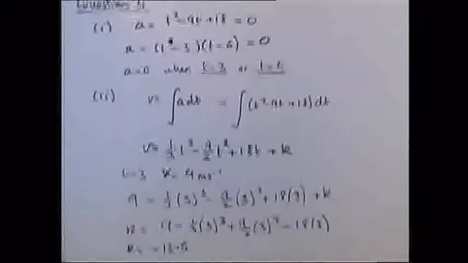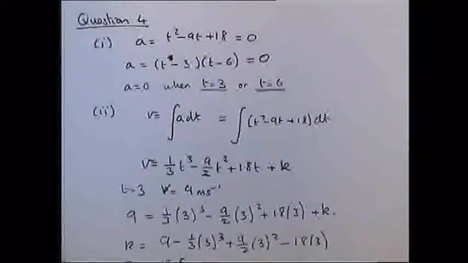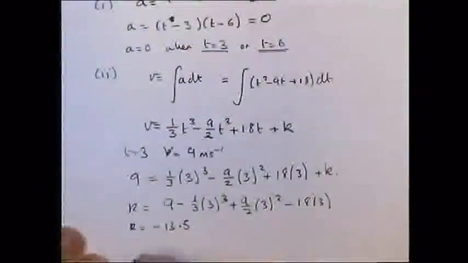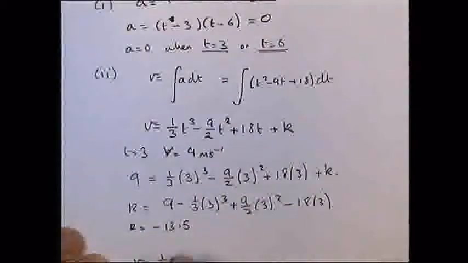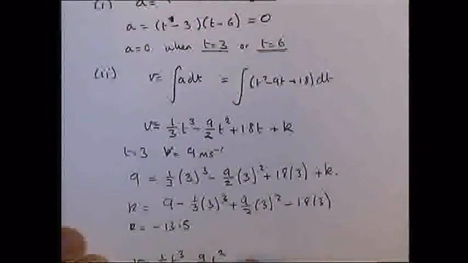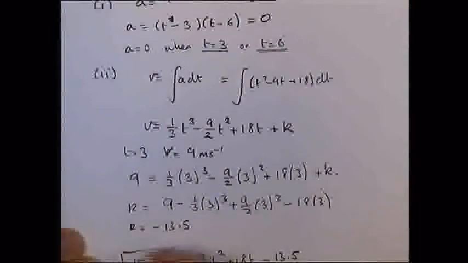And I get k is equal to negative 13.5. Hopefully you've got the same. So we now know that the formula for velocity is equal to 1/3 t cubed minus 9 over 2 t squared plus 18t minus 13.5.